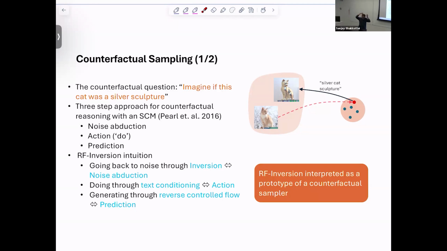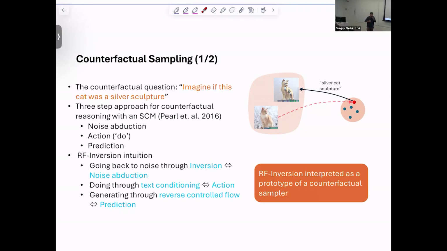So you take that exogenous noise and keep it. Then do editing of the world. So the world is: cats are mostly silver. That's my edit. That means in the graphical model, some edges are going to change potentially. I'm changing the structure of that graphical model, and then flow that same noise, the noise you extracted from the first world, into the second world. This is essentially what is called counterfactuals.